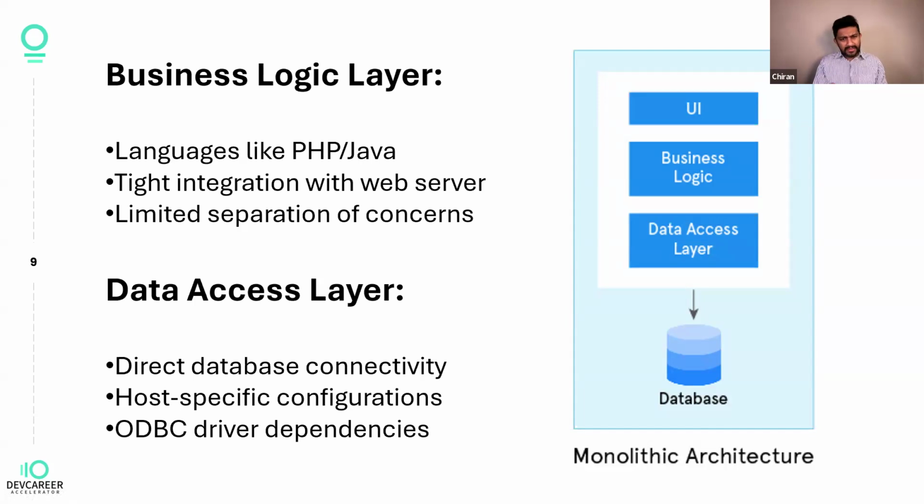So these are tightly integrated with your web server. Like I said, we had an issue when we were patching the server, so we separated out the UI part and the business logic. And now your business logic needs to be tightly coupled with your UI. So any changes in the UI need changes in the backend, which is the business logic.